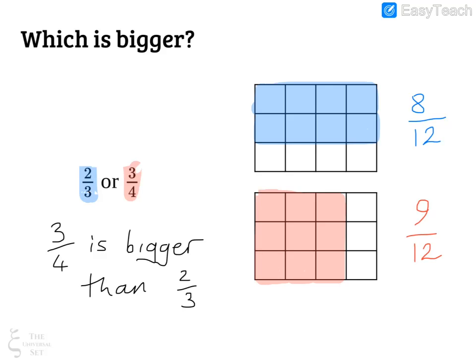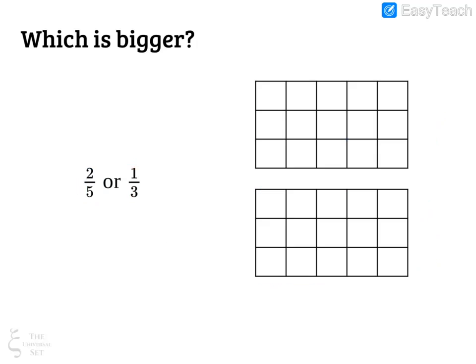We can see that because 2/3 is the same as 8/12, and 3/4 is the same as 9/12, and obviously 9/12 is bigger than 8/12. Okay, let's do a few more.